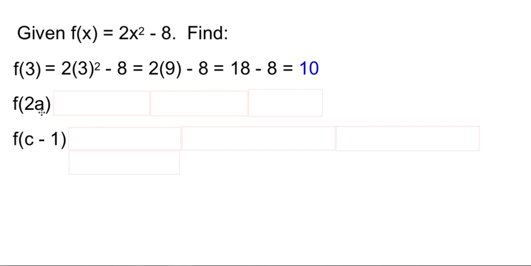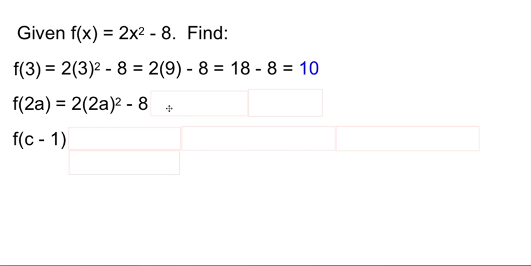In this case, we're going to plug in 2a. The function evaluated at 2a. So I'm going to put 2a in place of x, which means I'm going to have 2 times 2a squared minus 8. Now we're evaluating this at 2a.